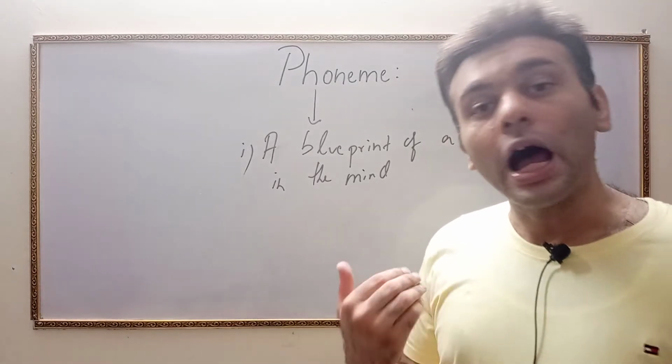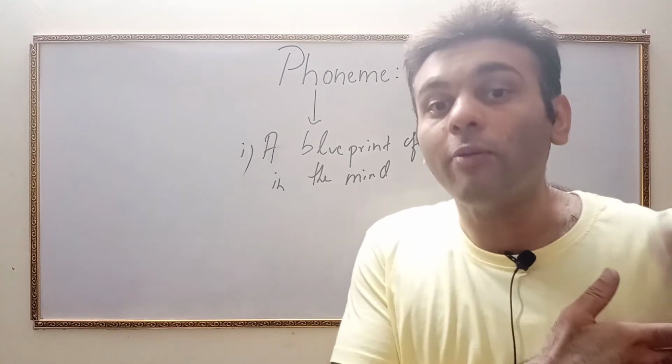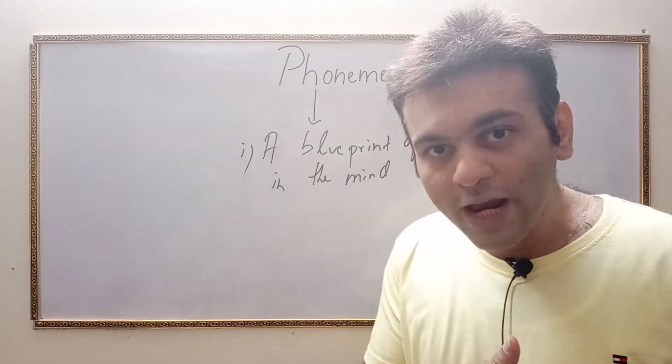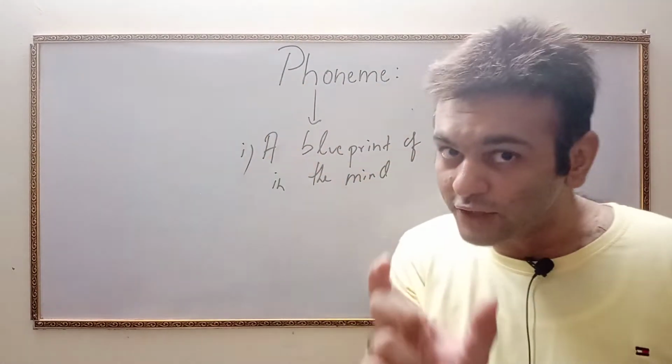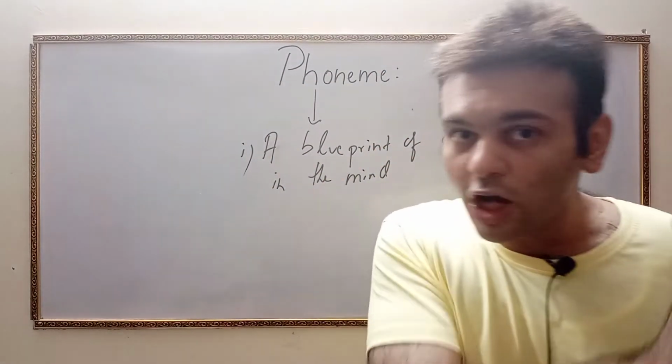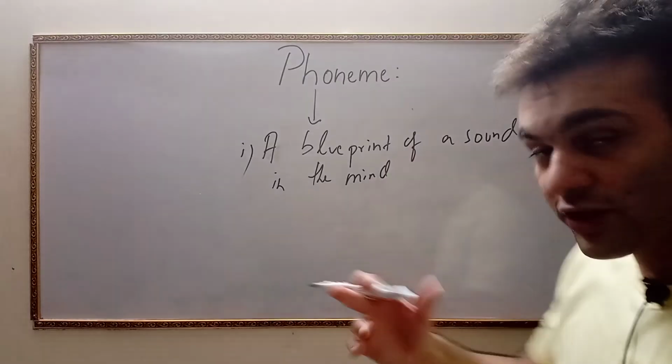For example, I know the phonemes of my language. Any other speaker from any other language would be able to understand. He will have an abstract mental visual of that phoneme at any of the positions. So we can say that a phoneme is a blueprint of a sound in the mind.